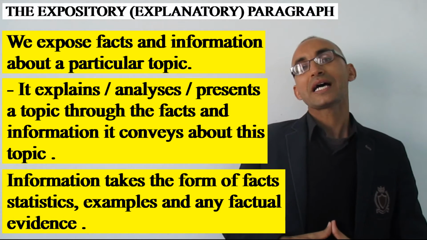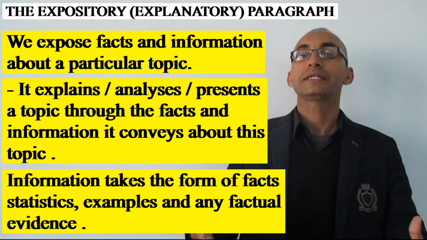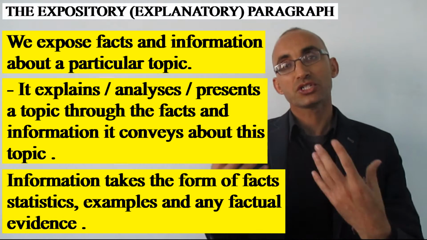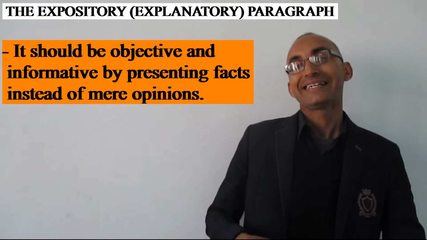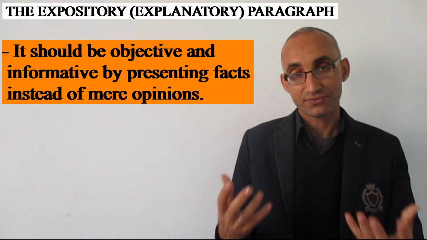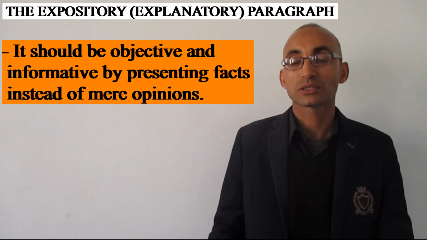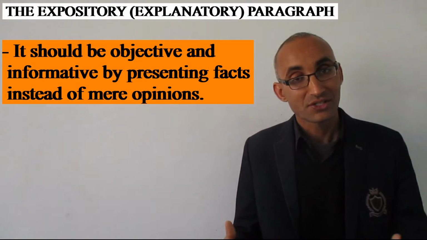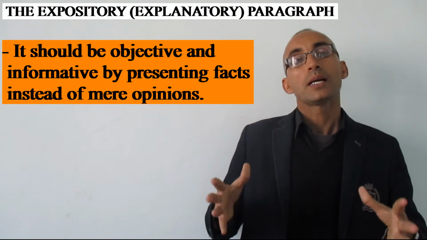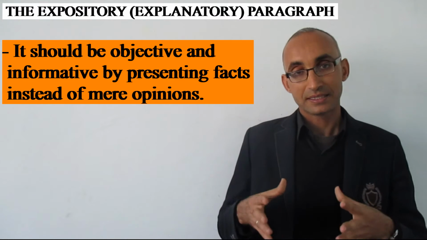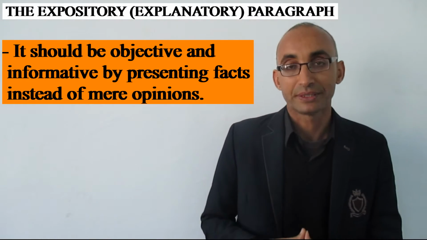Now, when we say expository paragraph, of course we mean expose facts and information that's meant to be objective. It means we have to introduce and discuss this topic objectively, because we're going to rely on the facts, the information we have gathered about it, and not only on mere opinions we have towards this or that topic. Right.